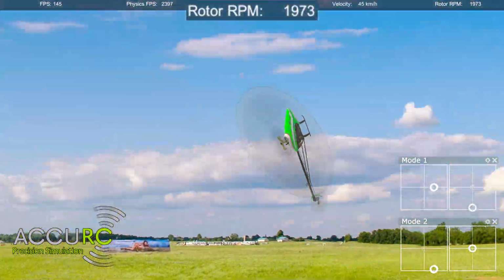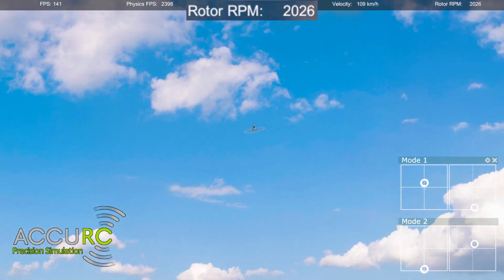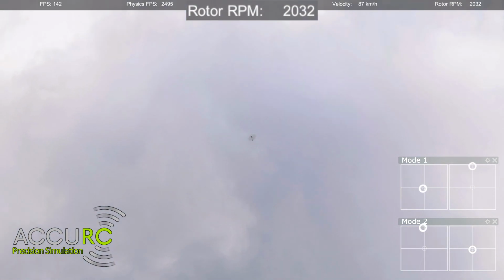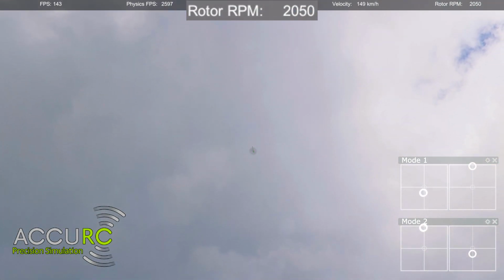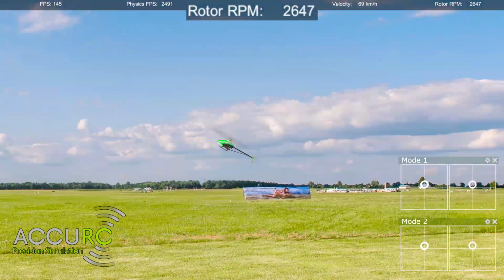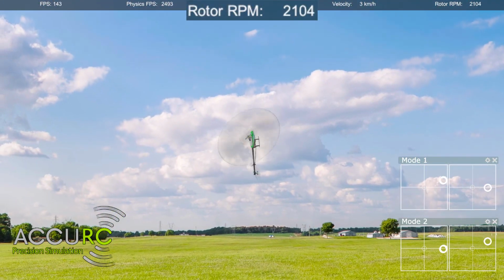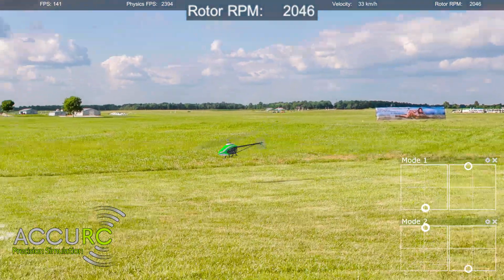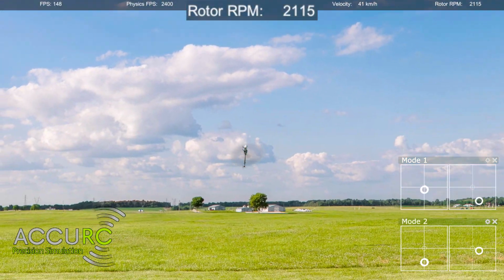That technique is pretty self-explanatory. You just go fast, you flare everything into RPM at once, and then you use it for 3D. The only thing you need to keep in mind is that when you flare, you actually give collective in the right direction. Because I recently saw someone who claimed, oh no, AccuRC does not auto-rotate correctly.